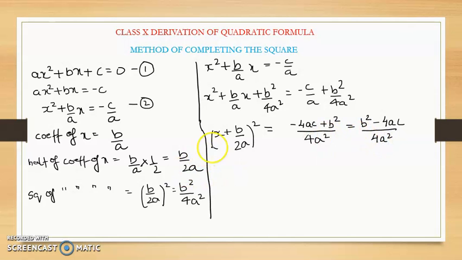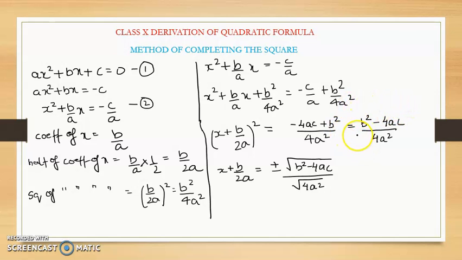Clear? So the equation is now x plus b upon 2a whole square is equal to b square minus 4ac upon 4a square. Now if I have to remove this square, what will I do? Taking square root on both sides. I will get x plus b upon 2a is equal to plus minus square root of b square minus 4ac upon square root of 4a square, because I take the square root of the whole term.